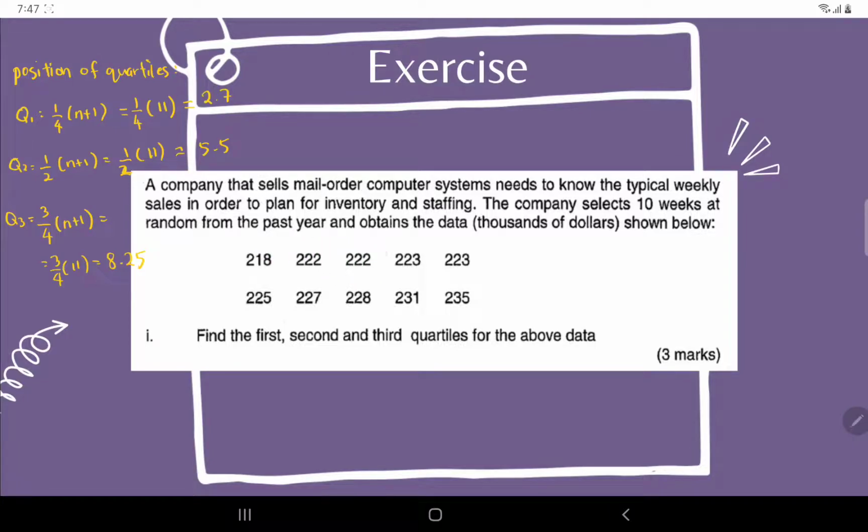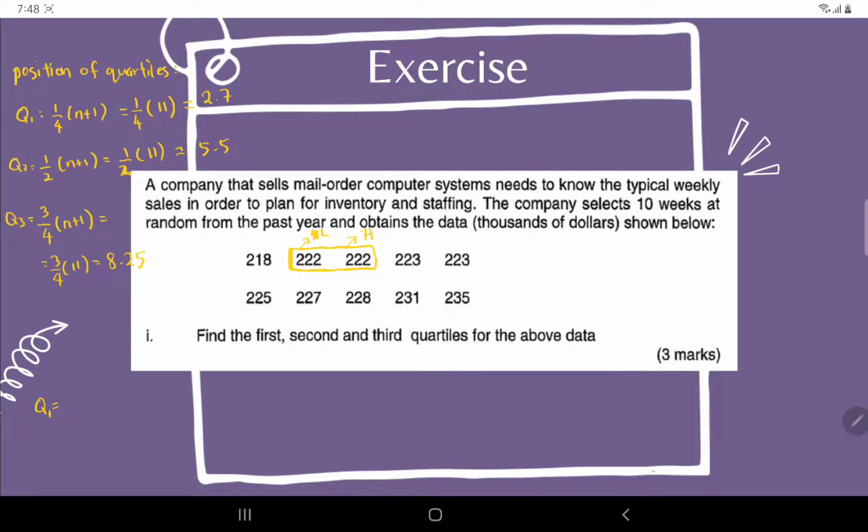So here, between the first, the second position and the third position. So this is our L and H. So we insert into the formula for Q1.